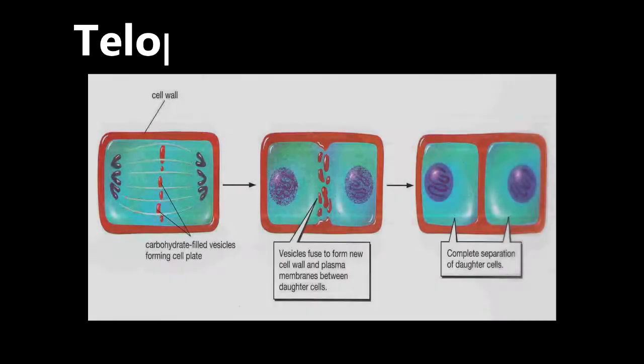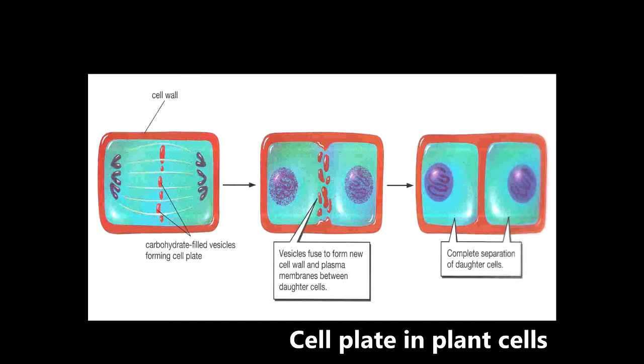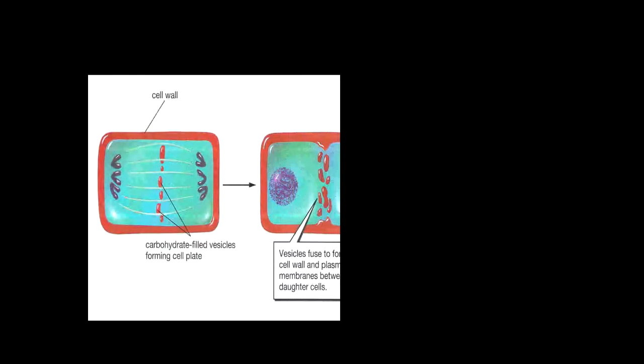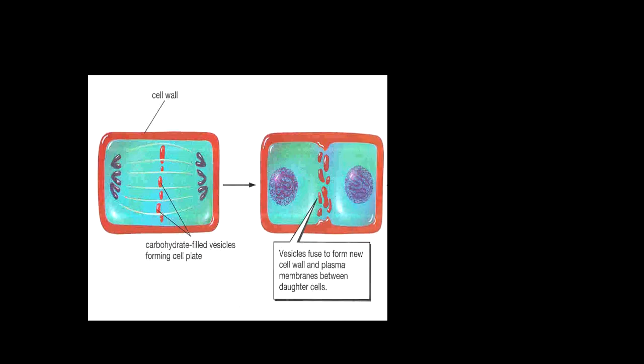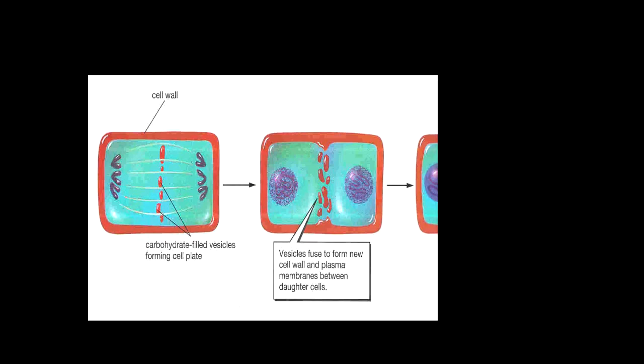A different process may be encountered in plants. In plants, instead of a cell furrow, we have a cell plate. So a cell plate during the telophase period is being formed in plants. Carbohydrate-filled vesicles form along the cell plate, and then these vesicles fuse to form new cell wall and plasma membranes between the daughter cells.